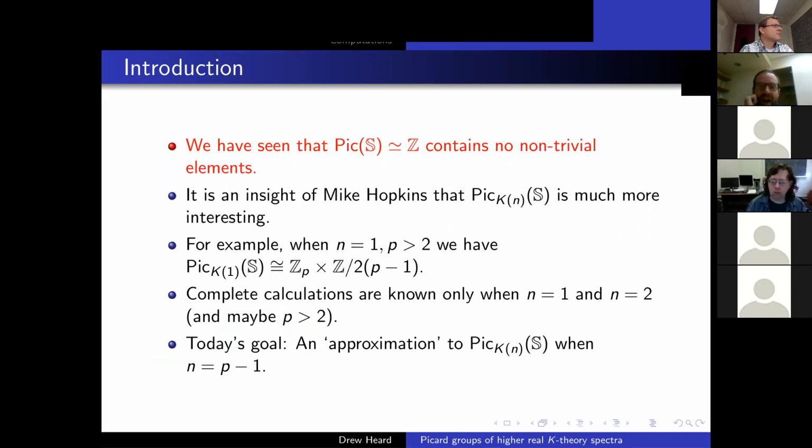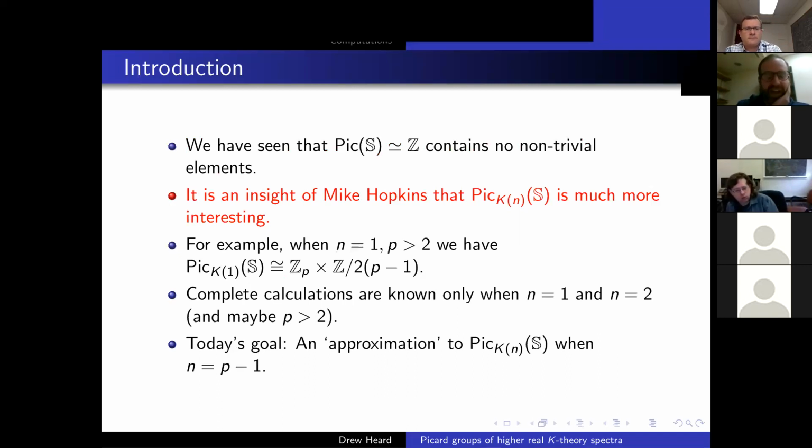But the insight of Mike Hopkins is that if we take this certain localization, where K_n here is Morava K-theory, sort of a field object in the stable homotopy category, and we look at K_n-local invertible modules, it becomes much more interesting.